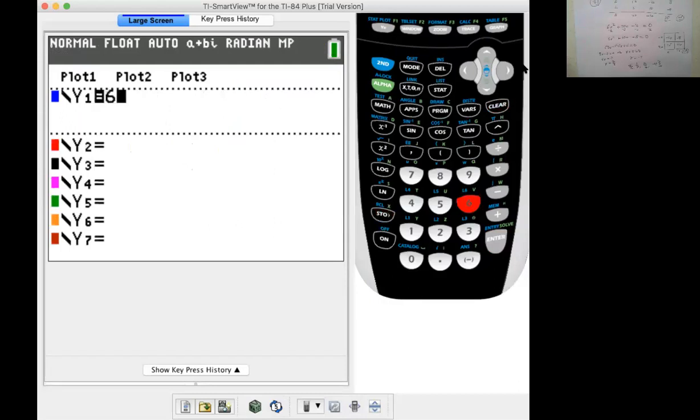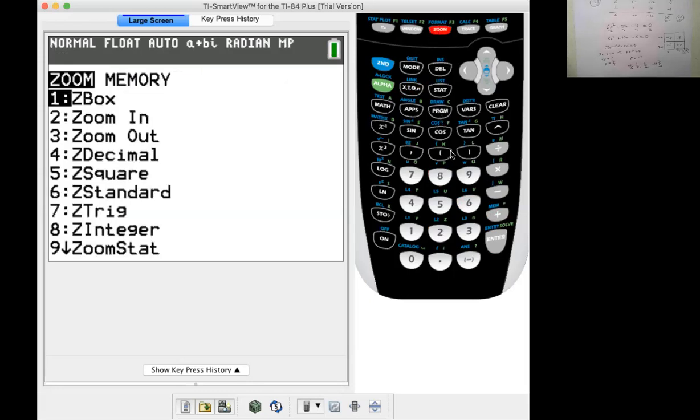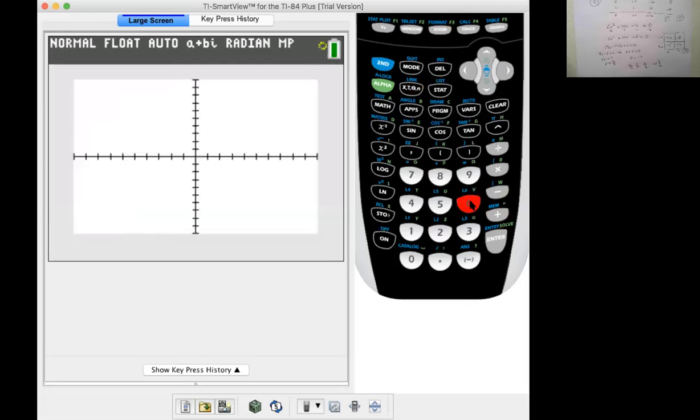So 6x to the 3rd plus 17x squared minus 26x plus 8. And I want some kind of a window. Let's do zoom standard, maybe that's number 6, to start and see what it looks like.